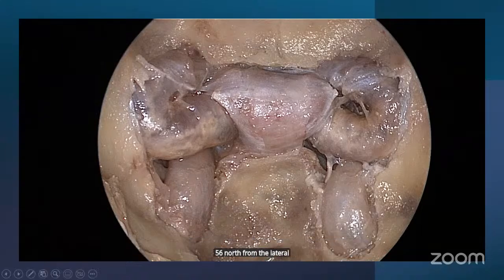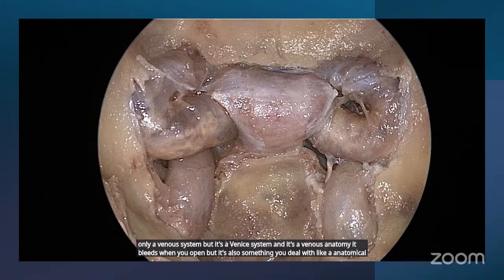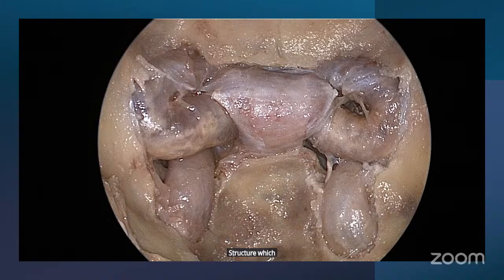So it's very important to understand it's not only a venous system, but also venous anatomy. It bleeds when you open, but it's also an anatomical structure which includes especially the nerves and the arteries.